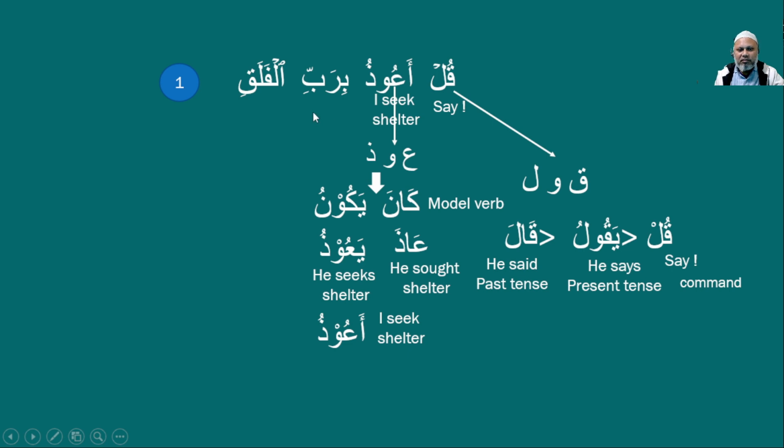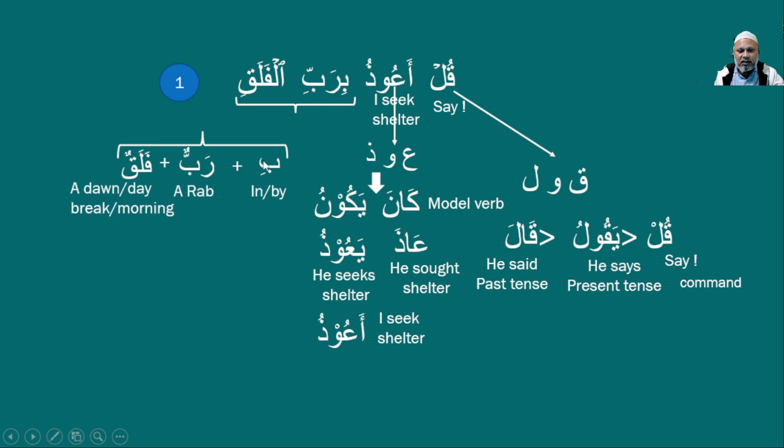Now bi rabbil falaq. This phrase comes from bi plus rabbun plus falakun. The bi means in or by, rabbun means a lord, and falakun means daybreak, a dawn, morning. Putting al before falakun, it will be al falaku.